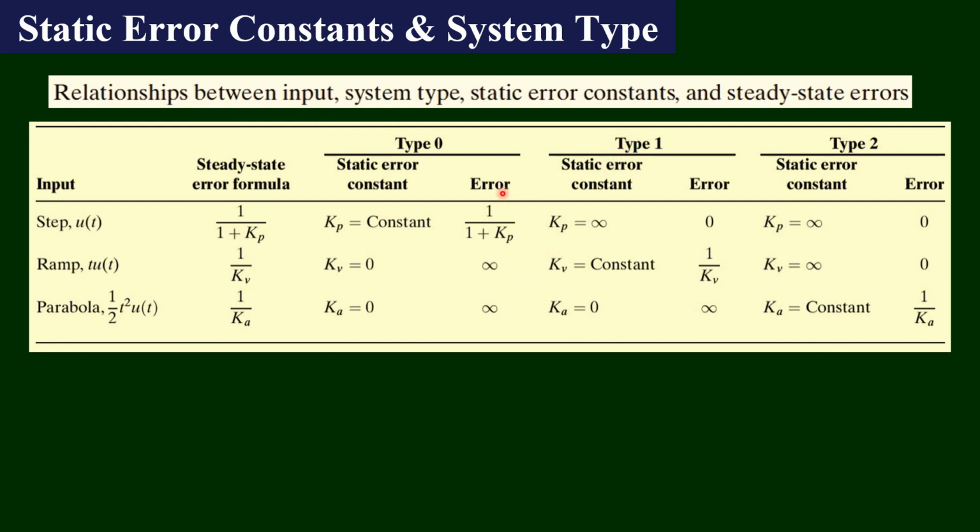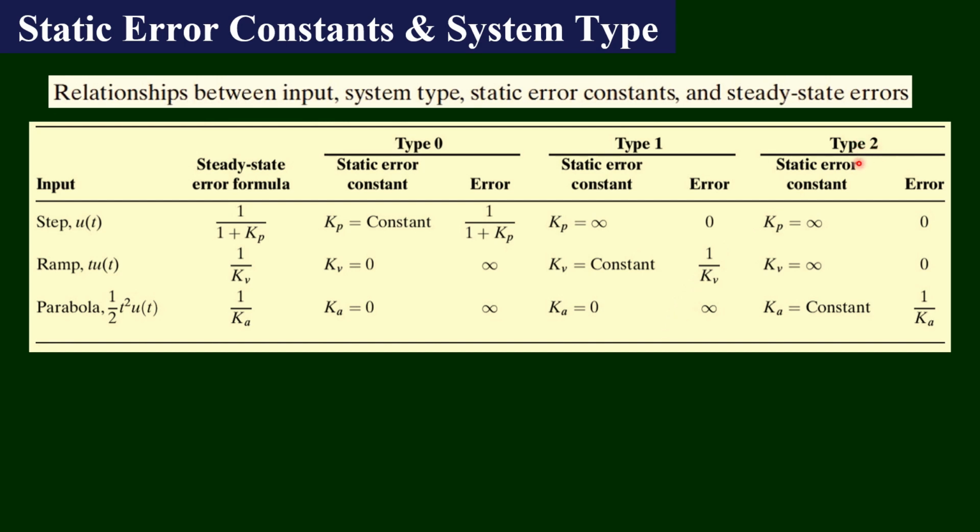In type 1, for the step input, Kp will be infinity. This means the steady state error for the step input for the type 1 system will be 0. The velocity constant will be a constant value, therefore there will be a constant tracking error in the system, and the acceleration constant is 0, therefore the steady state error for the parabolic function will be infinity.